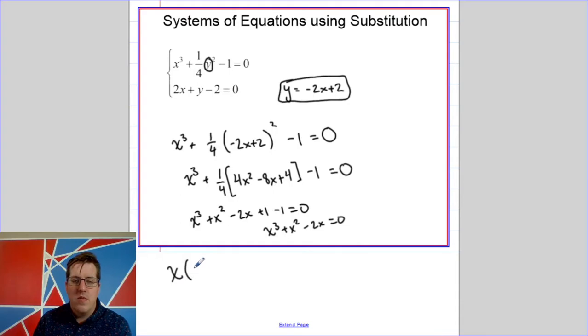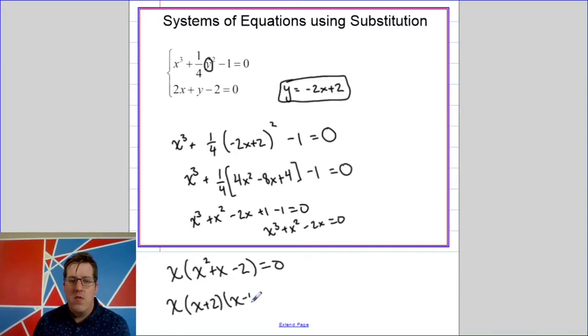So x times x squared plus x minus 2 equals 0, or x times x plus 2 times x minus 1 equals 0, which gives me 3 x values. X equals 0, x equals -2, and x equals 1.